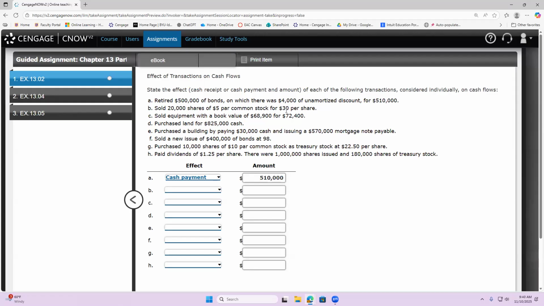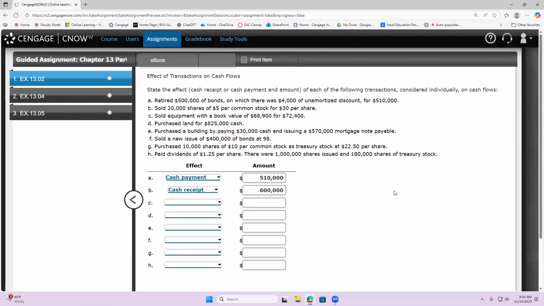Again, if we were doing a journal entry, we'd have to worry about how much of this was at par and how much of this was in addition to par. Here, we're just worried about the amount of cash flow. So I'm just going to say 20,000 shares times $30 a share is going to be a cash receipt of 20,000 times $30, which is $600,000.